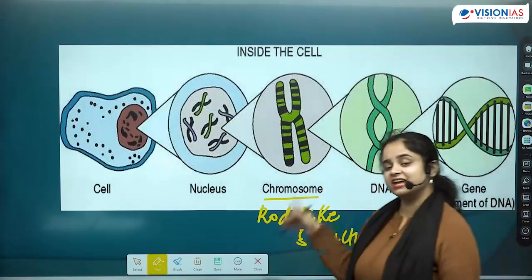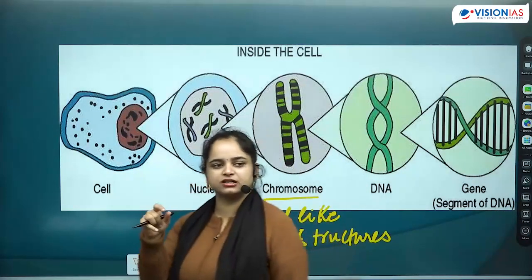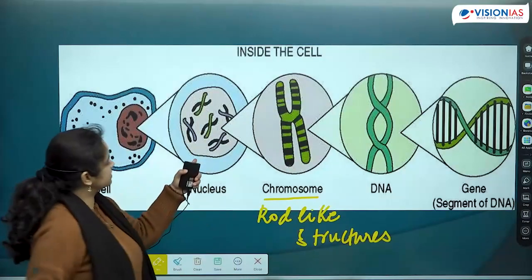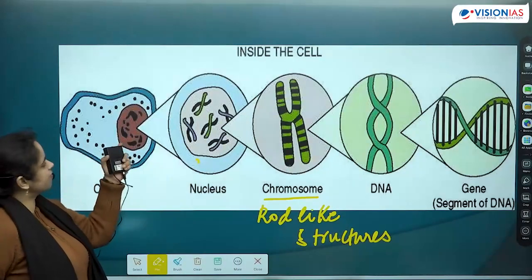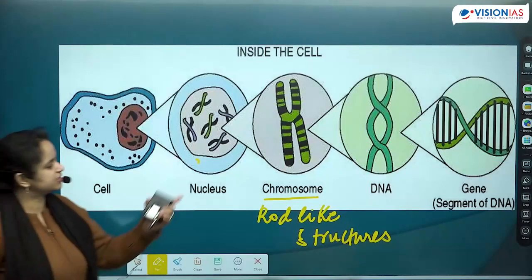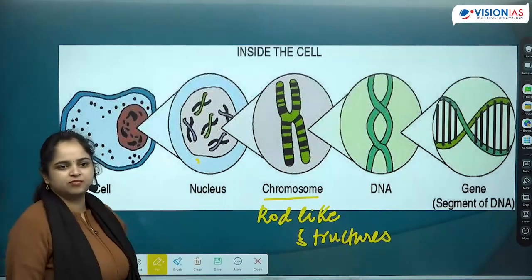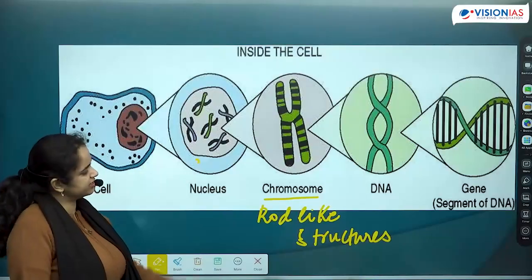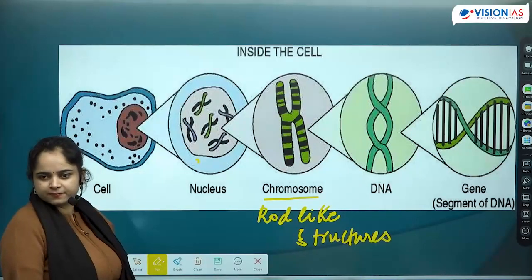It is arranged in the form of rod-like structures called chromosomes, which are present in the nucleus of every cell. So every cell in your body has genetic material present in its nucleus. It is present in the form of chromosomes and made up of DNA. So your basic genetic material is the DNA.